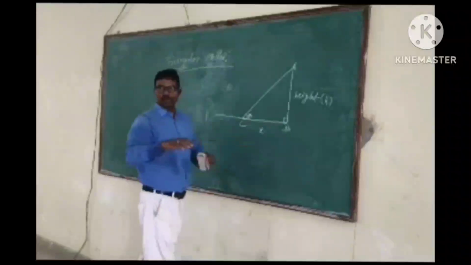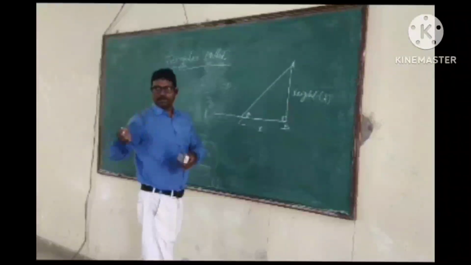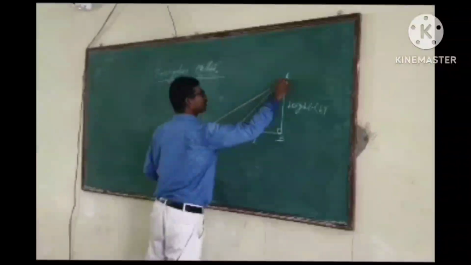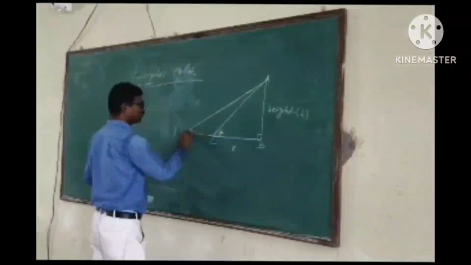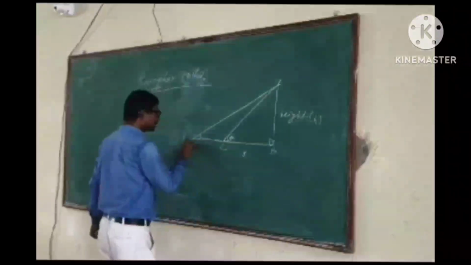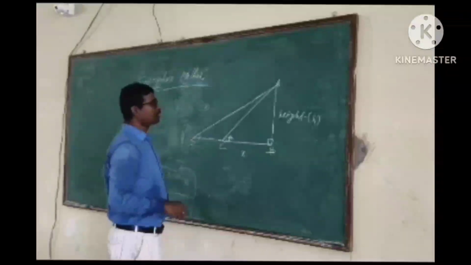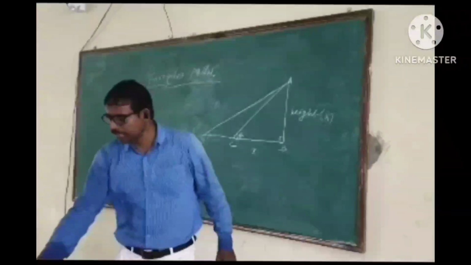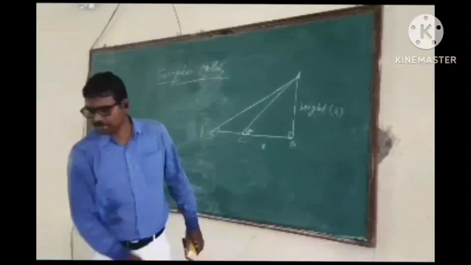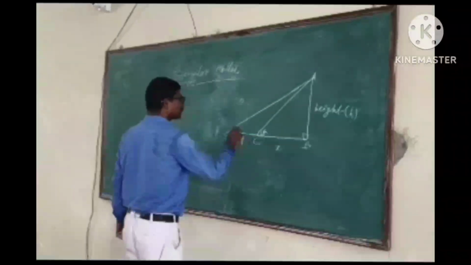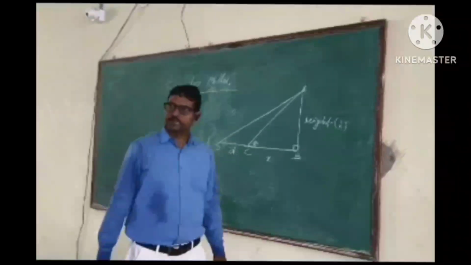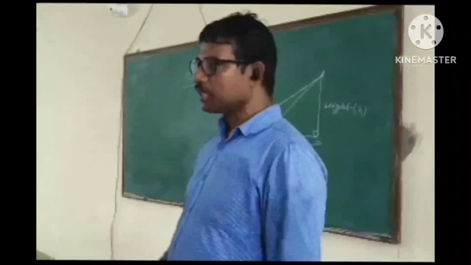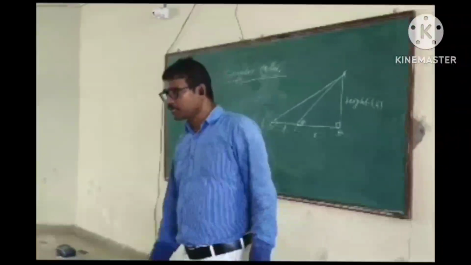Make the figure again, I will draw the second figure in the same one: A, B, C, D. This is the height. This point is another point you can take, suppose it is D. First one is based on accessible object, second one is inaccessible object.